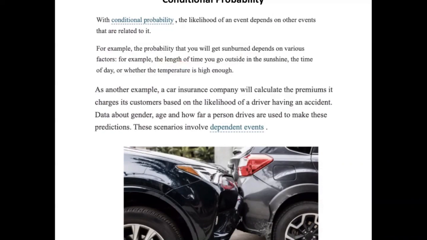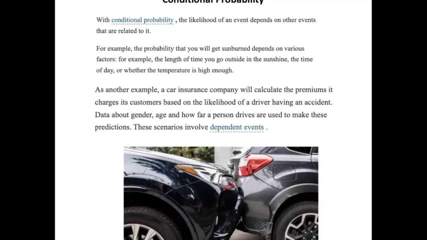So these are dependent events. Take another example. A car insurance company will calculate the premiums it charges its customers based on the likelihood of a driver having an accident. So you're going to be charged more if you are a driver with fewer driving skills.